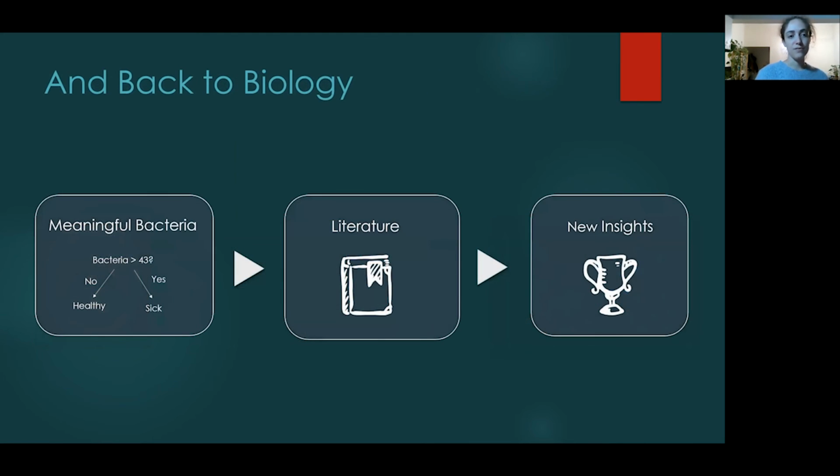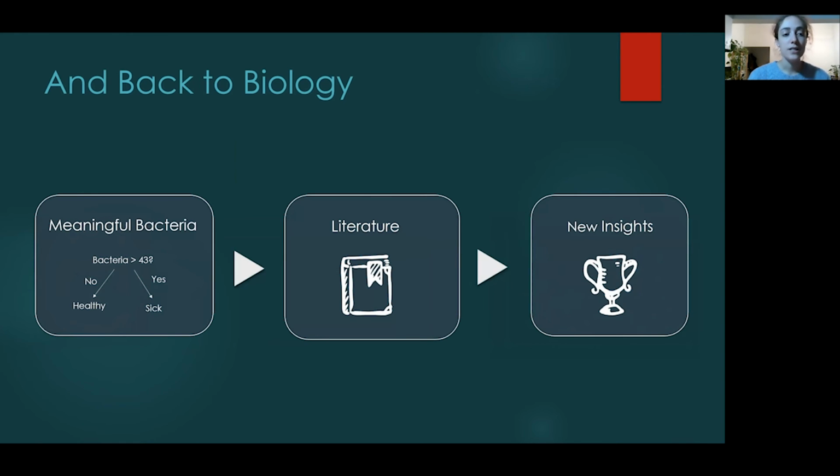So once I have a classifier to distinguish between, for example, sick and healthy patients, then I can use feature importance to extract a list of the bacteria that was meaningful to the model's decision. And I'll take this list of bacteria and I'll go to the literature and I'll see if I can cross information between what is known on this bacteria and what is known on this condition to learn new things about both or maybe only the condition.